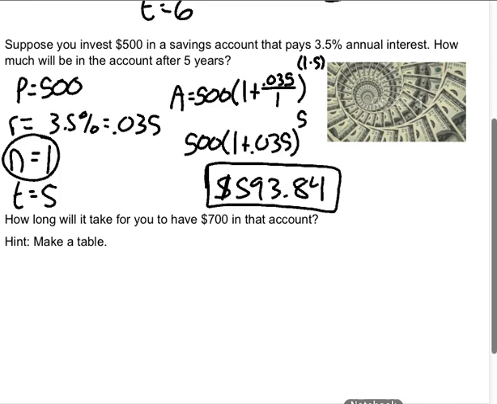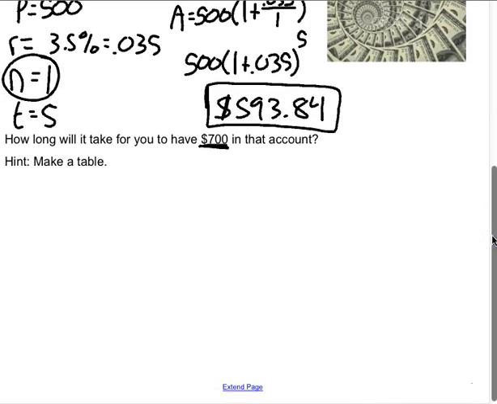All right. So now we can still do the same thing we talked about in yesterday's notes. What if I want to know how long it's going to take me to get above 700? All right, so if I want to know how long it's going to take me to get above 700, remember, I'm going to make a table for that. Now we already have a piece of information.